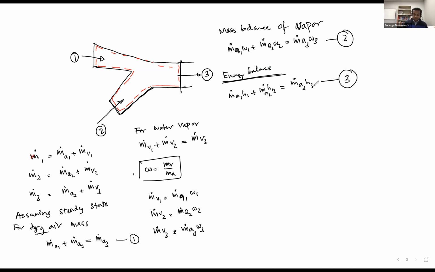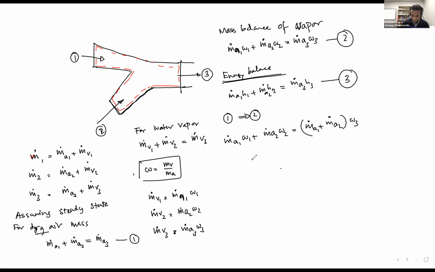So I'm going to use 1 into 2: m dot a1 omega 1 plus m dot a2 omega 2 equals m dot a1 plus m dot a2 times omega 3.